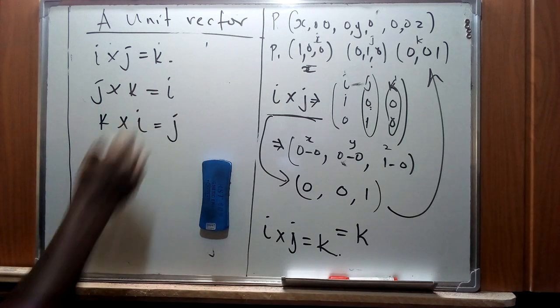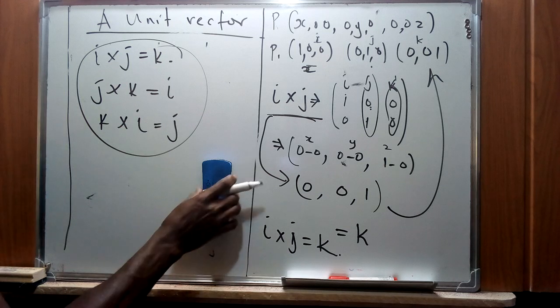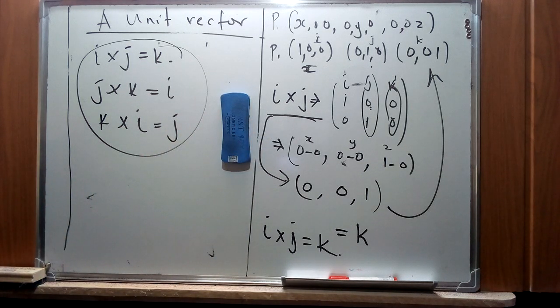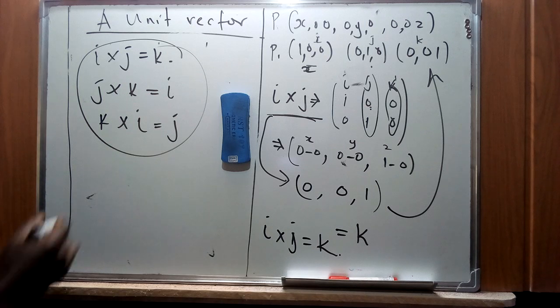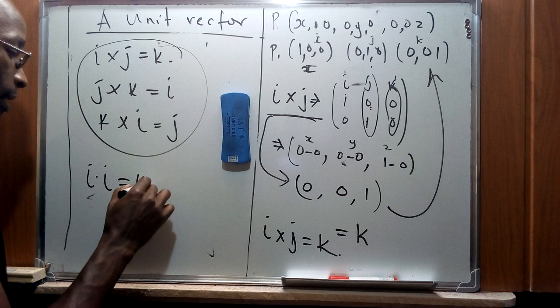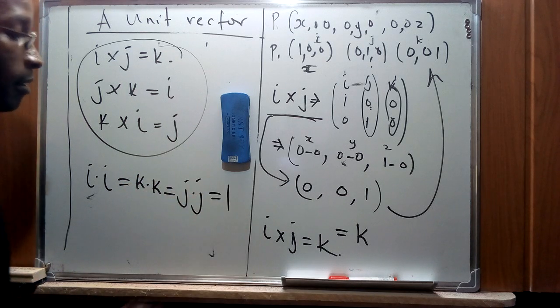So in this specific order, we see that the cross product displays a unique pattern. But let us look at this concept in contrast with the dot product, where i dot i equals j dot j equals k dot k, which is the same as 1.